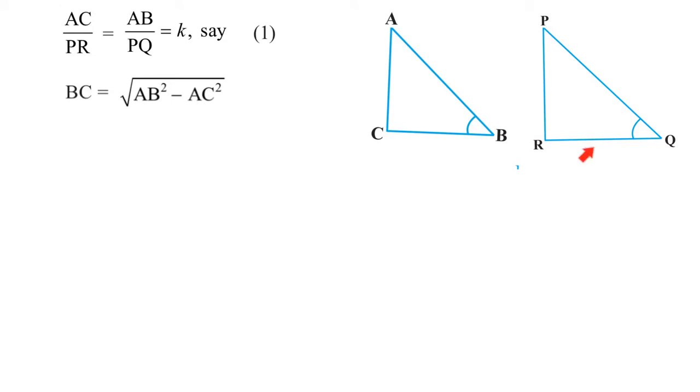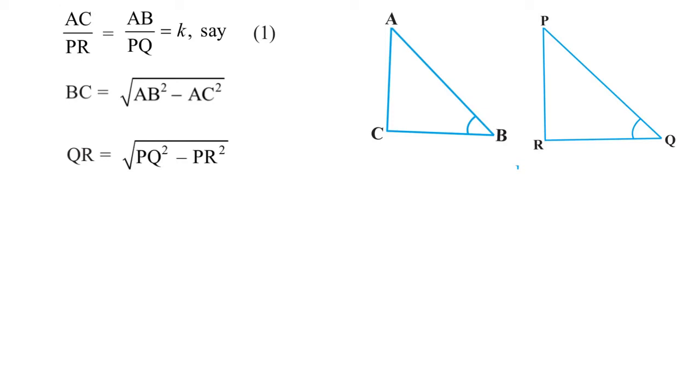Coming to triangle PQR, what will QR be equal to? Using Pythagoras theorem, the square root of PQ squared minus PR squared.